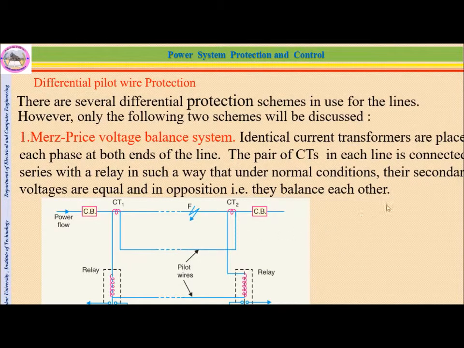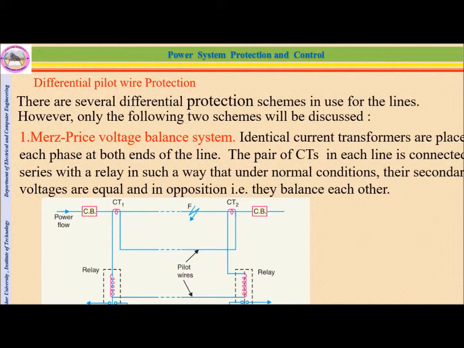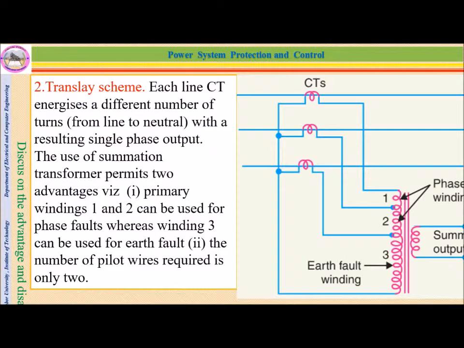That is, they balance each other. As you can see, the two currents are compared and they are balanced under normal conditions, but if they are not balanced, they will induce voltage in the two relays, so they will trip out. That's simple, but actually you cannot use this one in actual conditions.